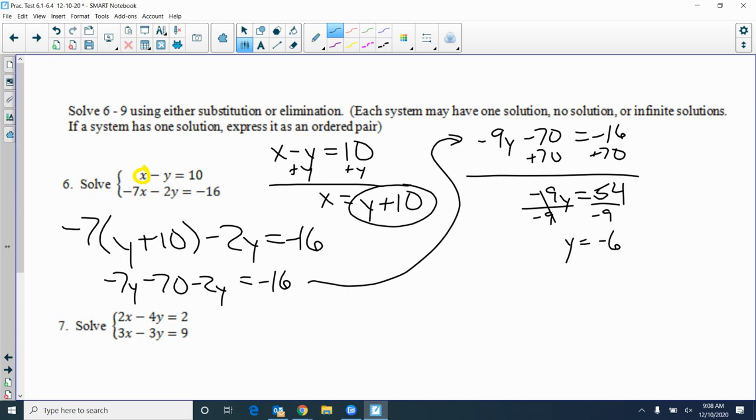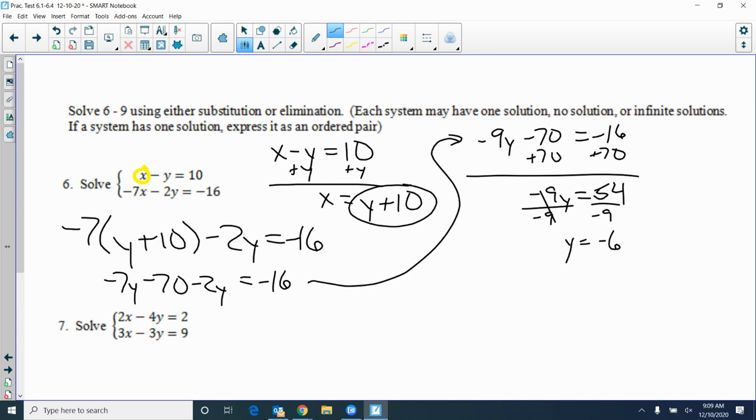After I have the negative 6, I'm going to go back to one of my original equations and solve for the other variable, which is going to be the x. Christian, tell me what I need to do. Oh, x minus 6 equals 10.